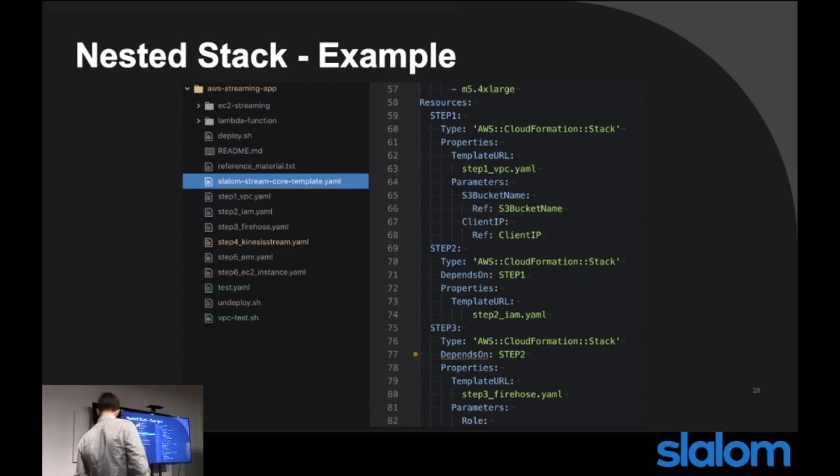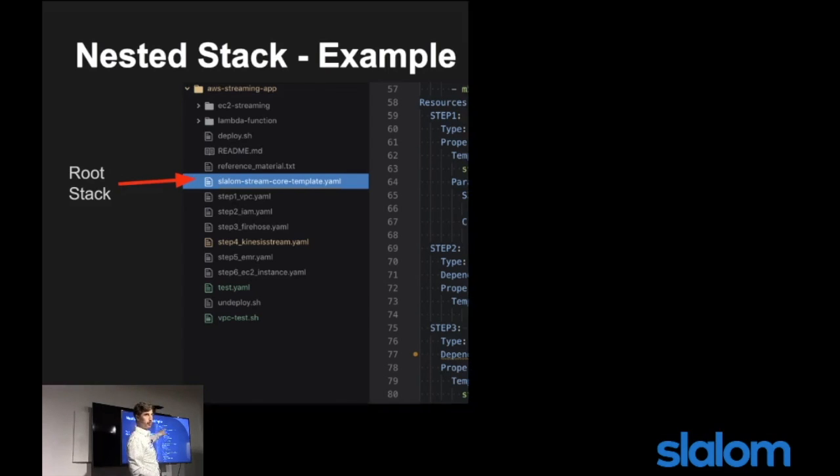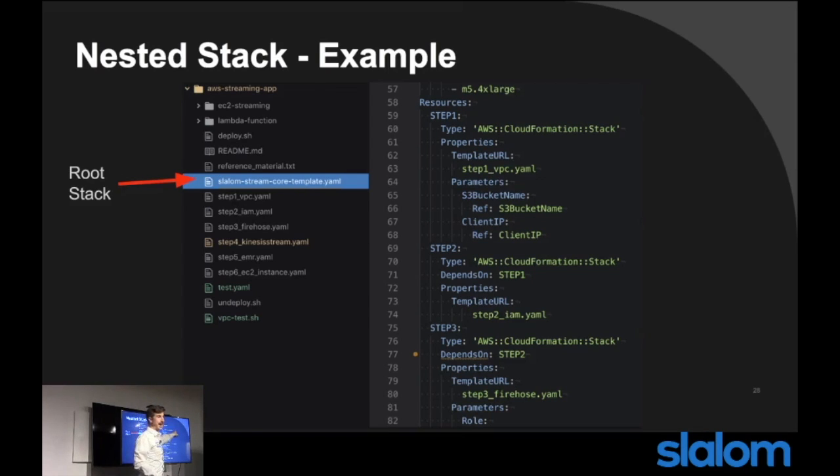When we're looking at a root stack, there's going to be this information. It says, what type of resource is this? This type of resource is a CloudFormation stack. So what we're deploying is a CloudFormation stack, not an EC2 instance, for example.